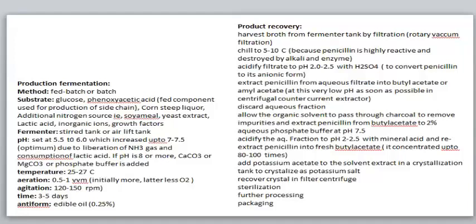Thereafter, phenoxyacetic acid, the most important thing is that it acts as a precursor, and glucose is the carbon source substrate.